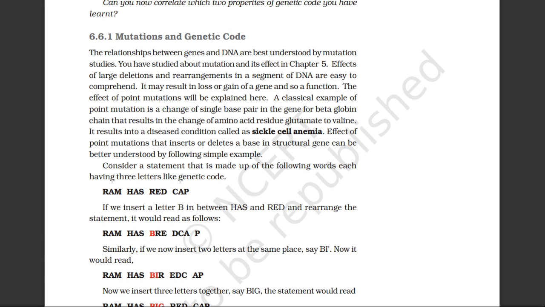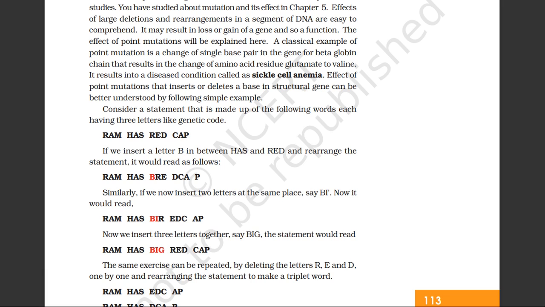Similarly, if we now insert 2 letters at the same place, say BY, now it would read, Ram has byr edc ap. Now we insert 3 letters together, say BIG. The statement would read Ram has big red cap. The same exercise can be repeated by deleting the letters R, E and D, one by one and rearranging the statement to make a triplet word.